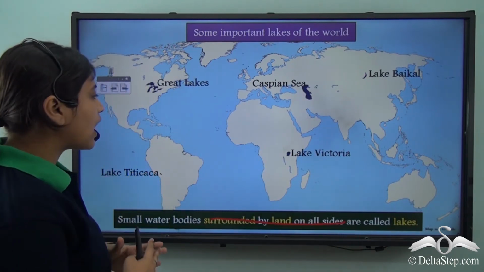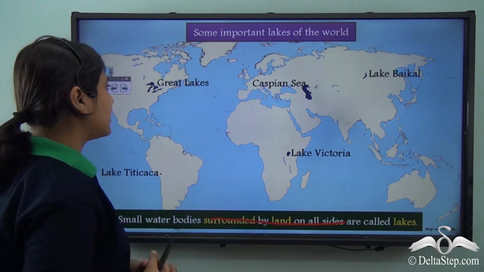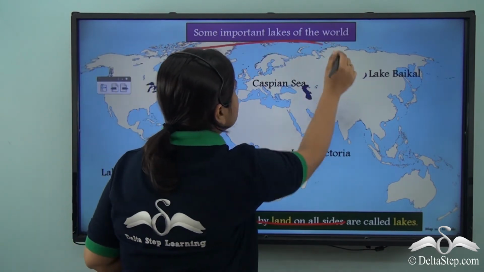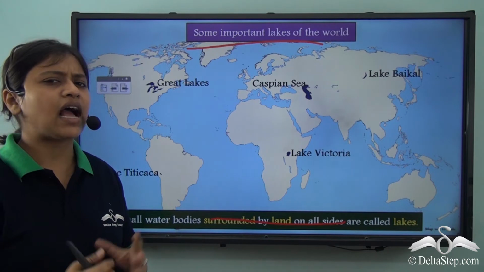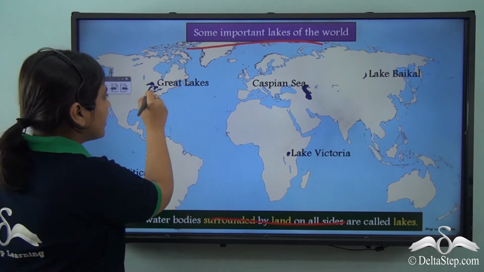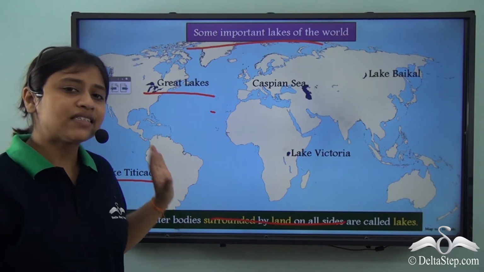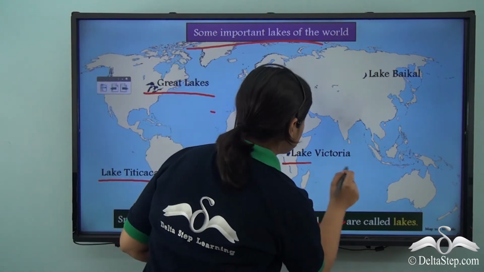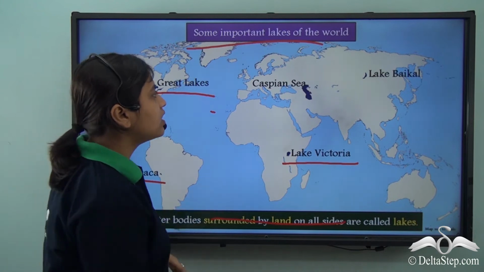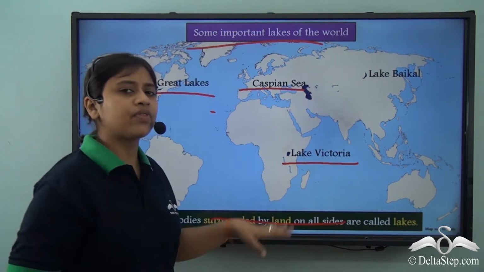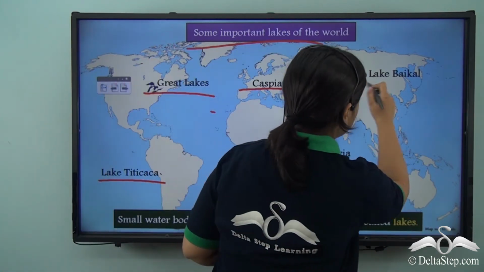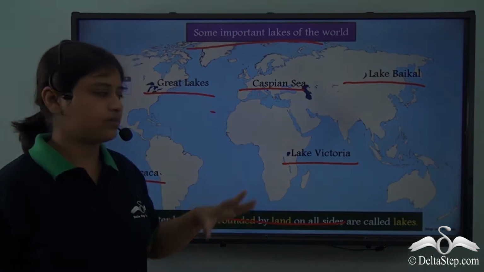Now, if we take a look at the world map, we see that these are some of the most important lakes of the world. And what are these? They are the Great Lakes in North America, Lake Titicaca in South America, Lake Victoria in Africa, the Caspian Sea here, and Lake Baikal in Asia.